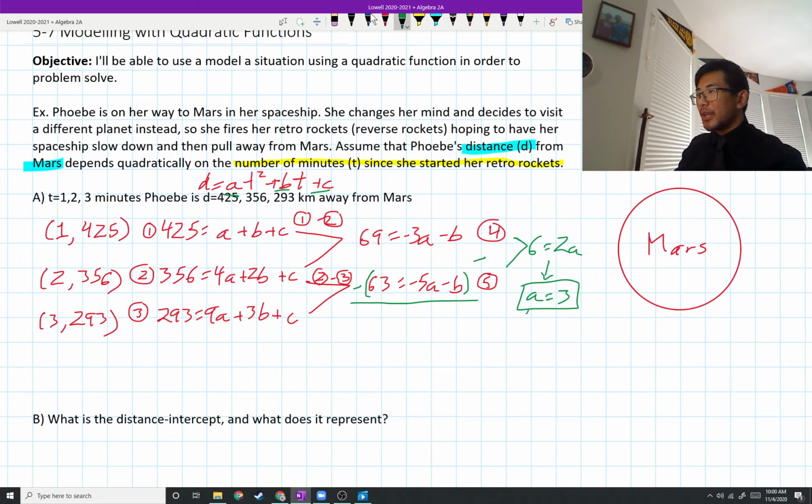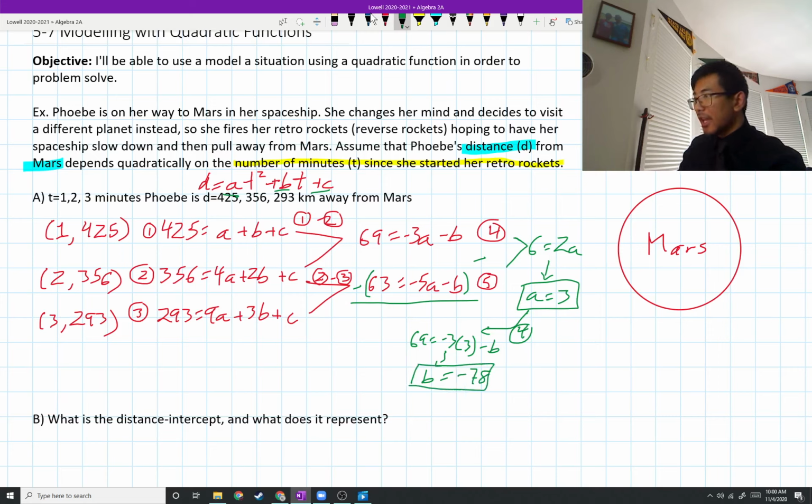So I'm going to substitute a into equation number 4 here. If you want, you could substitute it into number 5 as well. Nothing wrong with that. That'll leave you with 69 equals negative 3 times 3 minus b. I'm going to kind of shortcut the algebra here a little bit, but you should end up with b is equal to negative 78 here.